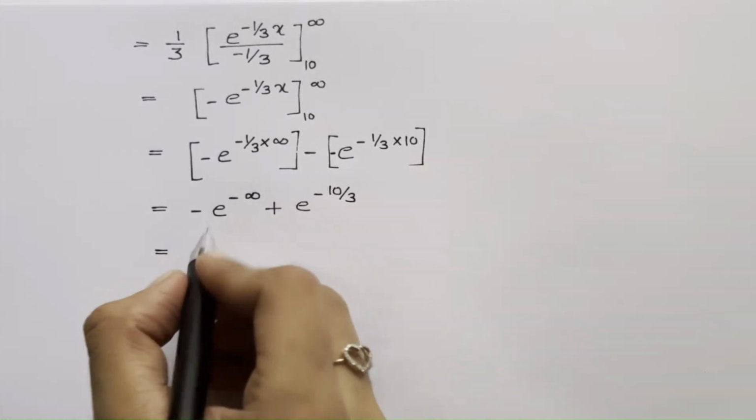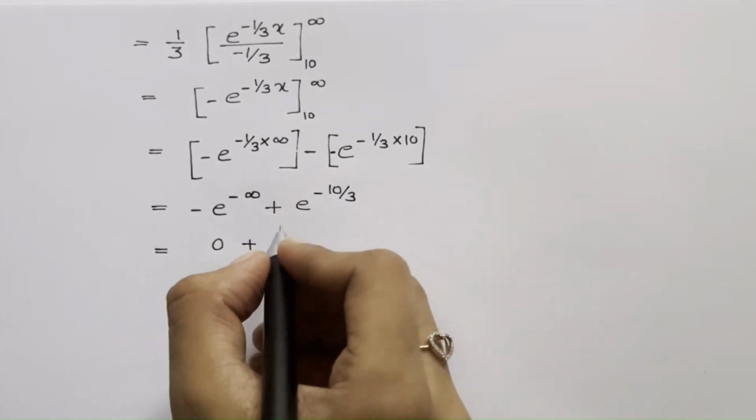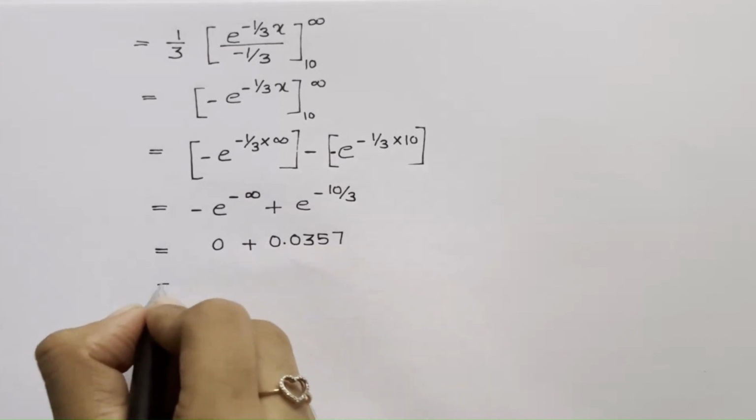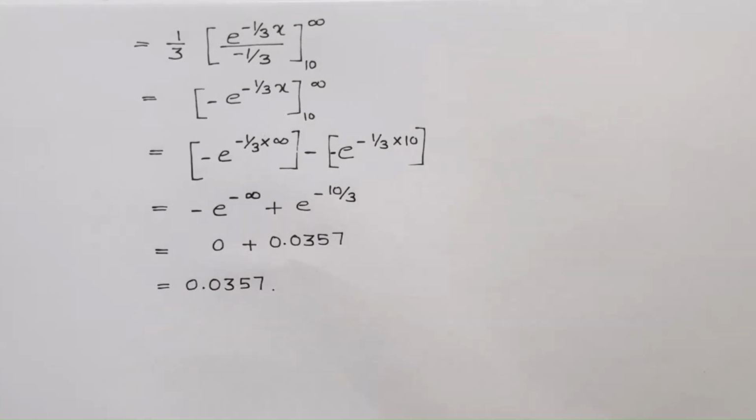E raised to minus infinity is 0, plus e raised to minus 10 by 3 is 0.0357. Therefore, the probability that no customers arrive for the next 10 minutes is 0.0357.